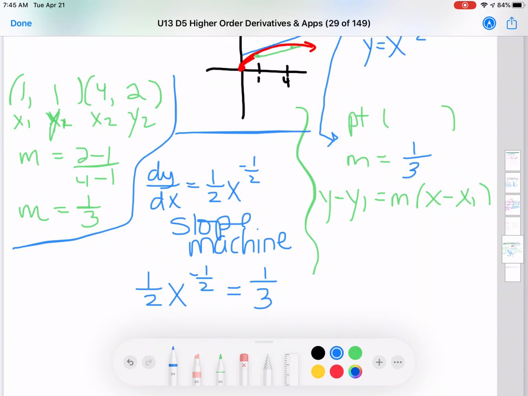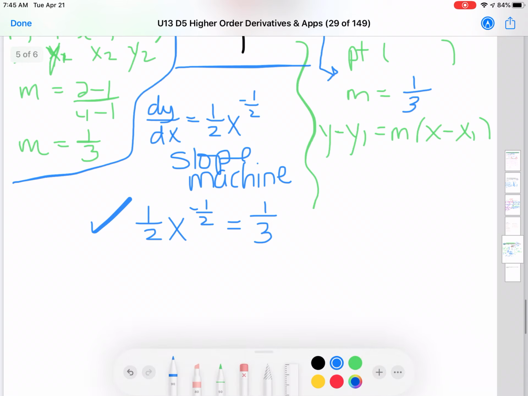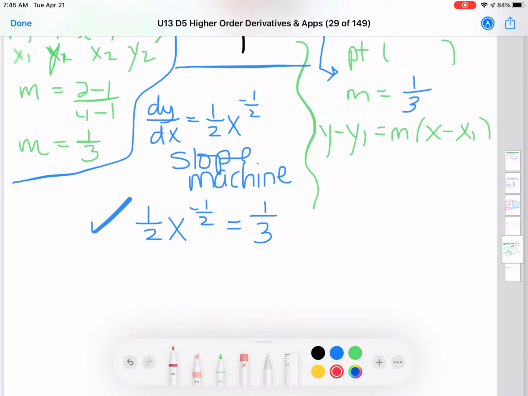And now this is just a basic algebra 2 question to solve. I'm not saying it's easy, but it is just basic math. All right, so we want to solve for x now. So we can multiply both sides by 2, and we're left with x to the negative 1/2 equals 2/3. And then how do we undo that negative 1/2 power?